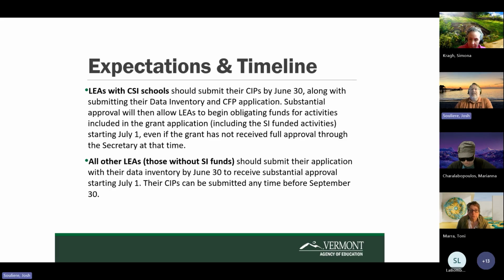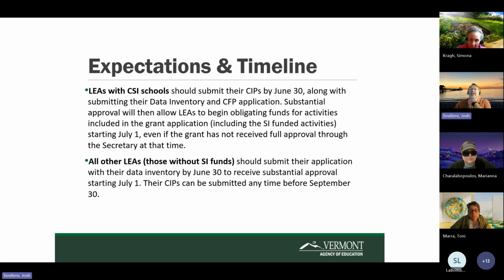Expectations and timelines. So LEAs with CSI schools should submit their CIPs by June 30th, along with submitting their data inventory and CFP application. Substantial approval will then allow LEAs to begin obligating funds for activities, including the SI-funded activities that are within that grant application, starting on July 1st, even if the grant has not received full approval from the secretary at that time.